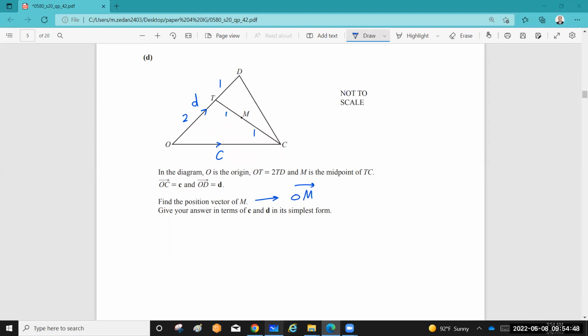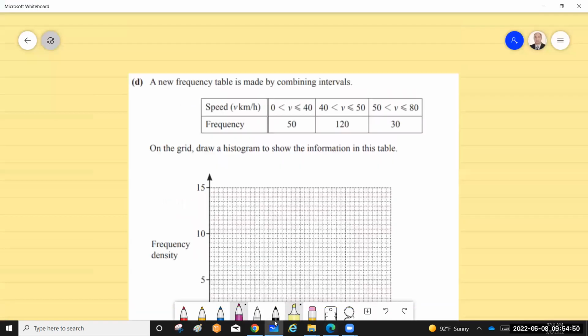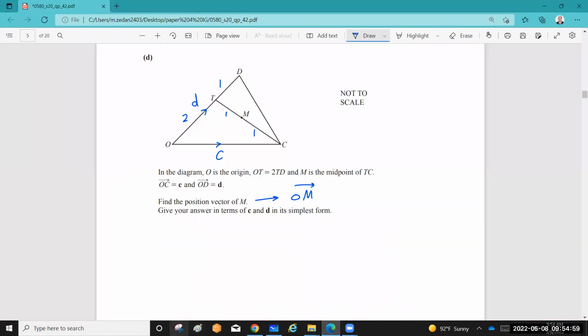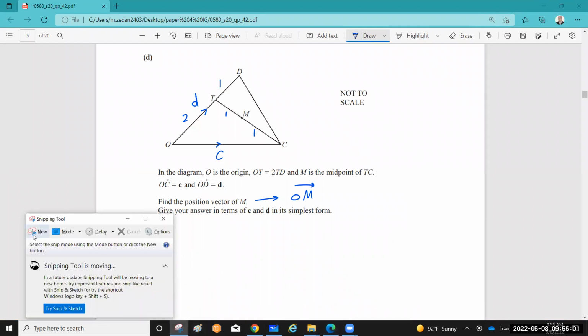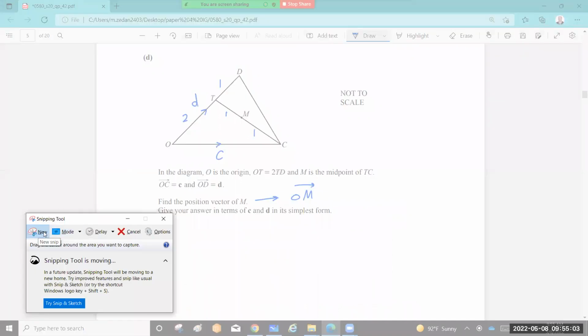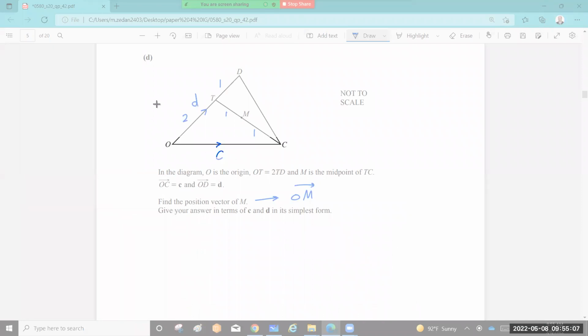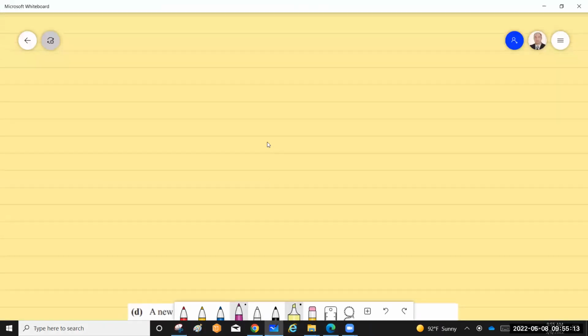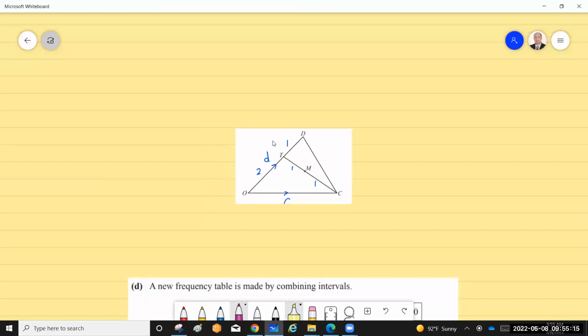To draw OM, I have this line here. I can take a copy of this one to show you how to find the position vector of point M. The OM is not drawn, you have to draw it.